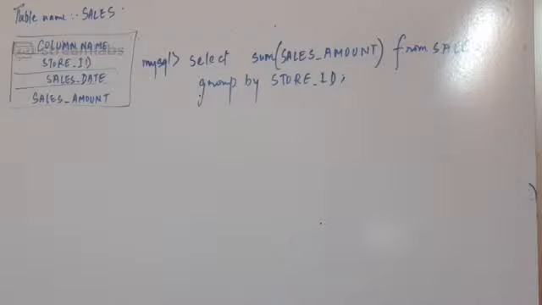Now supposing we need to write an SQL statement which lets you list all the stores whose total sales amount is over 5,000. That means we need to display the list of all the stores whose total sales amount is over 5,000.